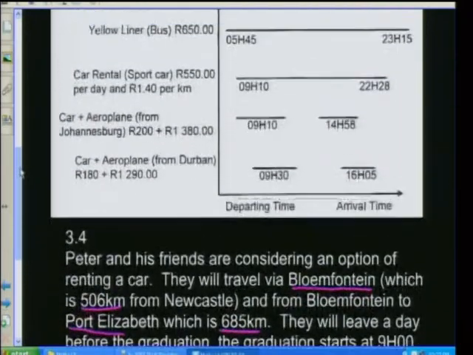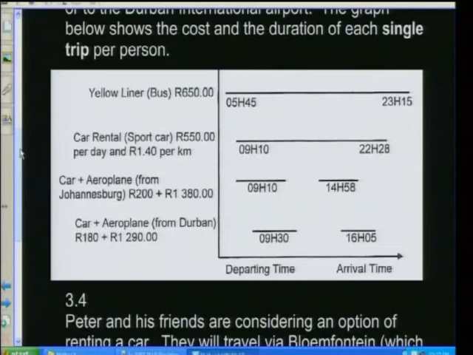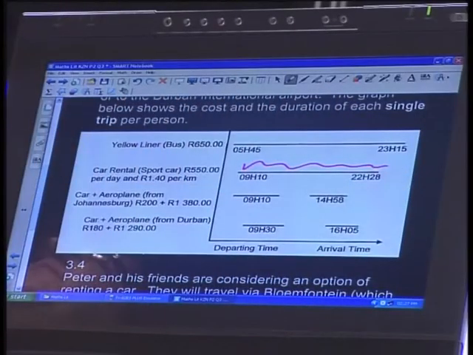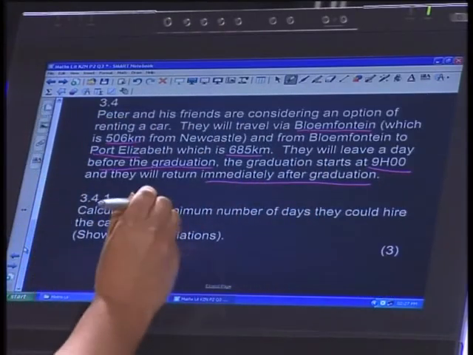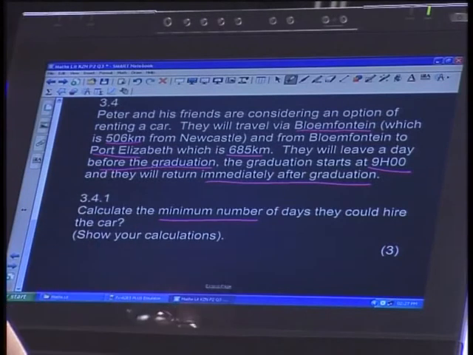First of all, let's check, why are they leaving a day before? They need to be there at 9 o'clock in the morning, and they're basically spending most of the day traveling. So they're going to leave the day before. What they want us to calculate is the minimum number of days they could hire the car for, and they want us to show all our calculations. So let's try and calculate the minimum number of days.